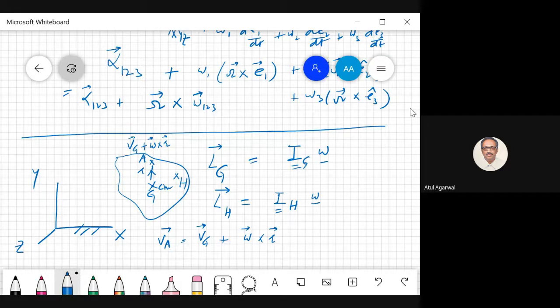Now, if you want the angular momentum of the particle, first is the linear momentum.